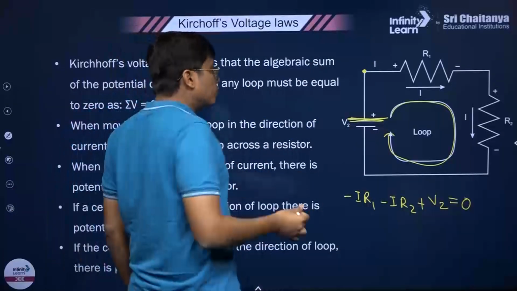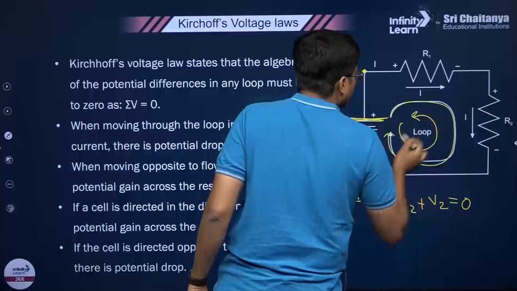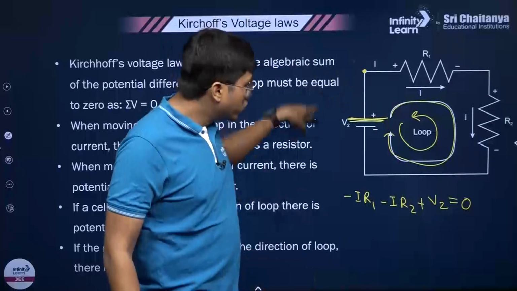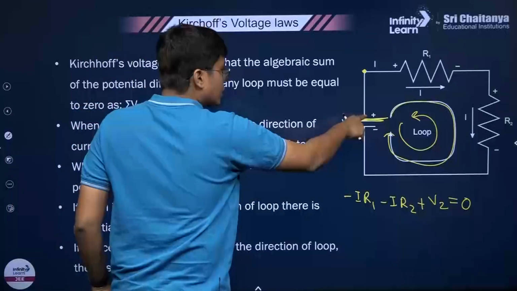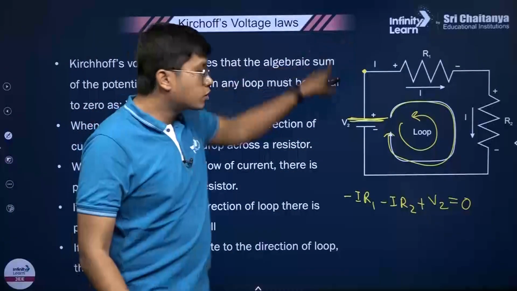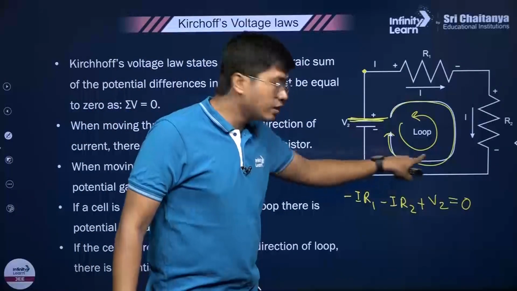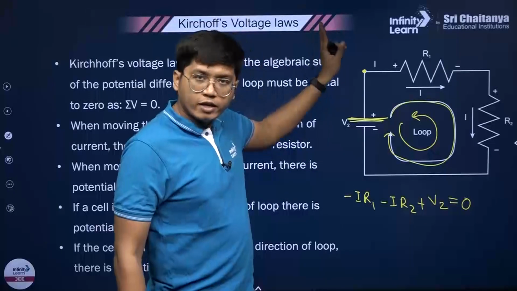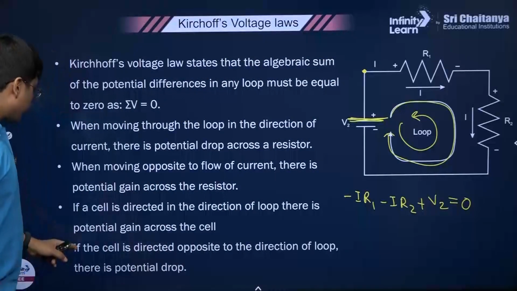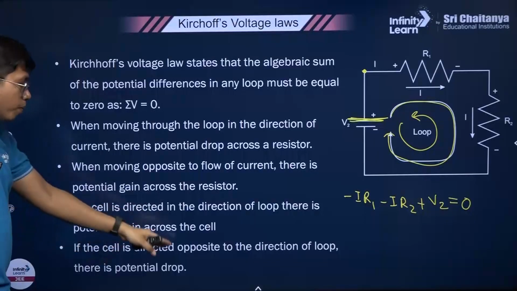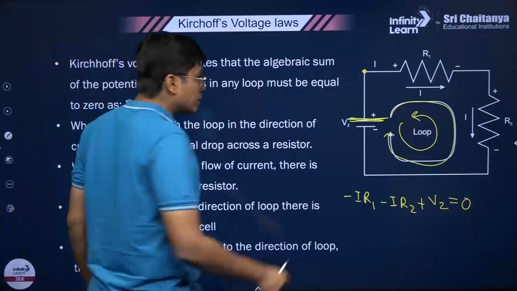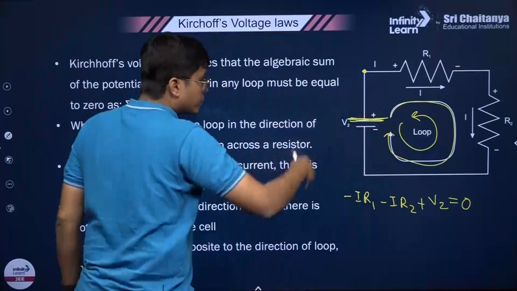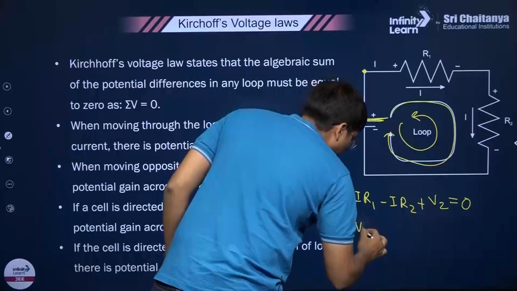Suppose I move the loop in the opposite direction, starting from the same point. Then over here V2 is directed opposite to my loop movement. My loop is now moving in this direction, V2 directed opposite to it. Look at the fourth point: if the cell is directed opposite to the direction of loop, there is a potential drop, which means when I am considering the loop the opposite way, this will come with a minus V2.